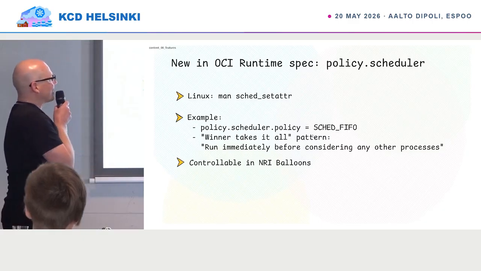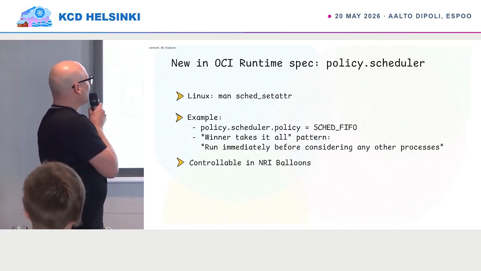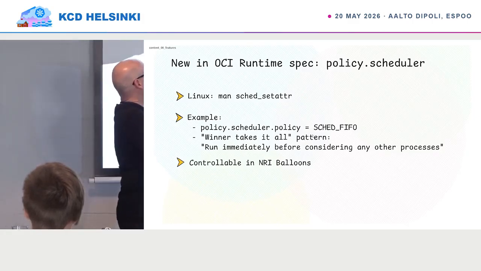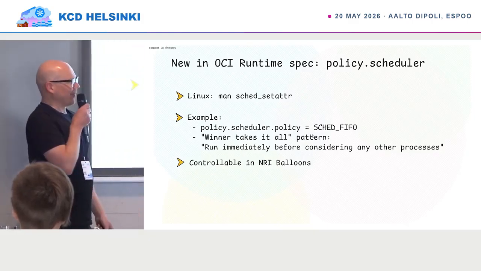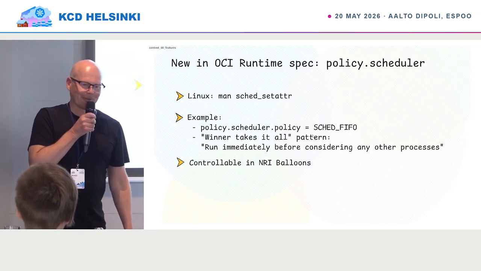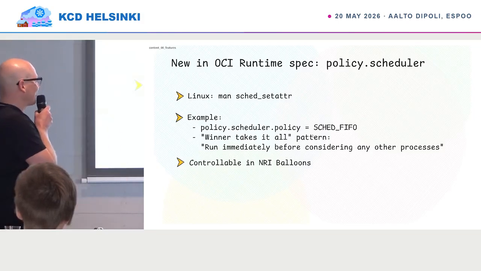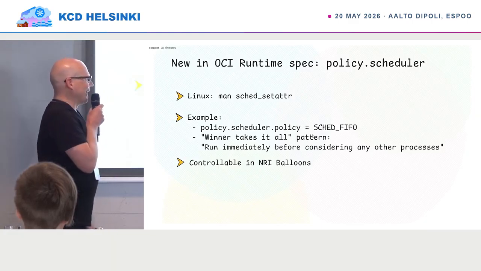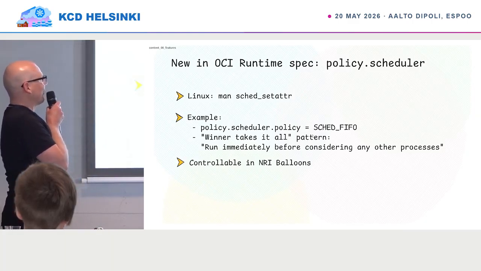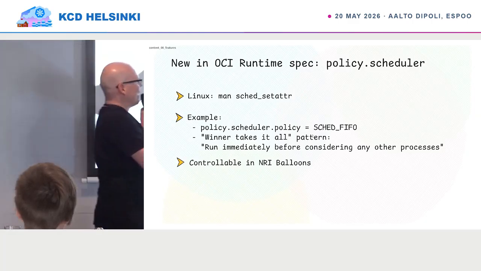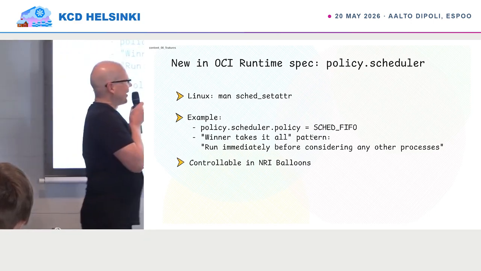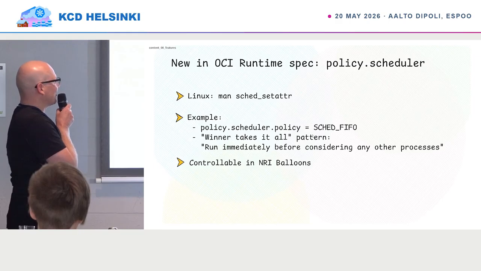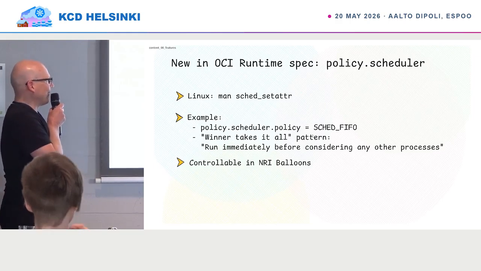So first is policy.scheduler, which basically configures and makes runc call set attr, which configures the Linux scheduler policy and priority, which affects how this process, which has, for instance, the real-time scheduler SCHED_FIFO policy set, is going to be handled by the Linux scheduler.